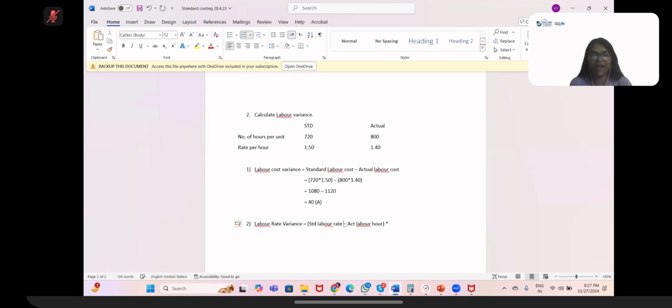Standard labor rate minus actual labor rate into actual labor hour.